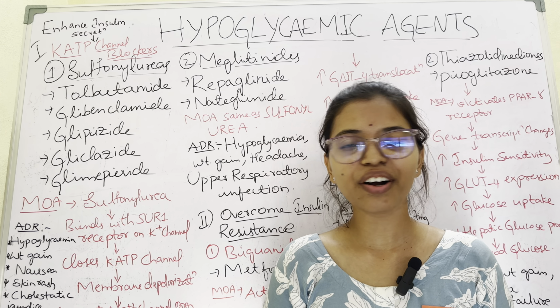And in type 2 diabetes mellitus, the insulin is there, but the patient develops insulin resistance. Due to that, the insulin will not show its action of reducing the blood glucose level.